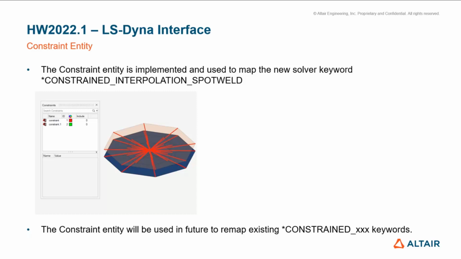We have many keywords called constraint, which are mapped in multiple entities in HyperWorks, and in order to clean up and make it more streamlined, we will in the future continue to migrate those different keywords to the new constraint entity.